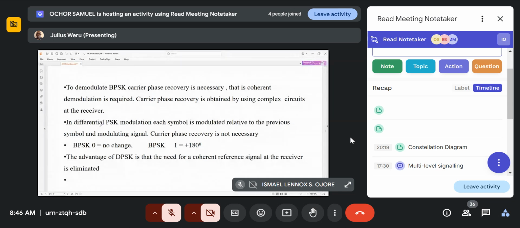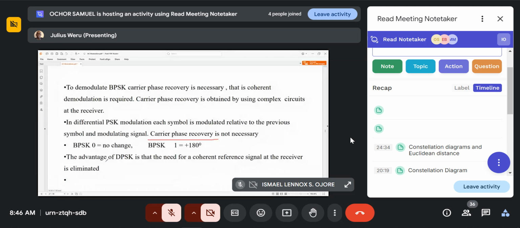You use the phase, but you don't require it to generate your carrier. You don't have to have carrier phase recovery. You don't need carrier phase recovery circuits at the receiver, which is a big advantage.